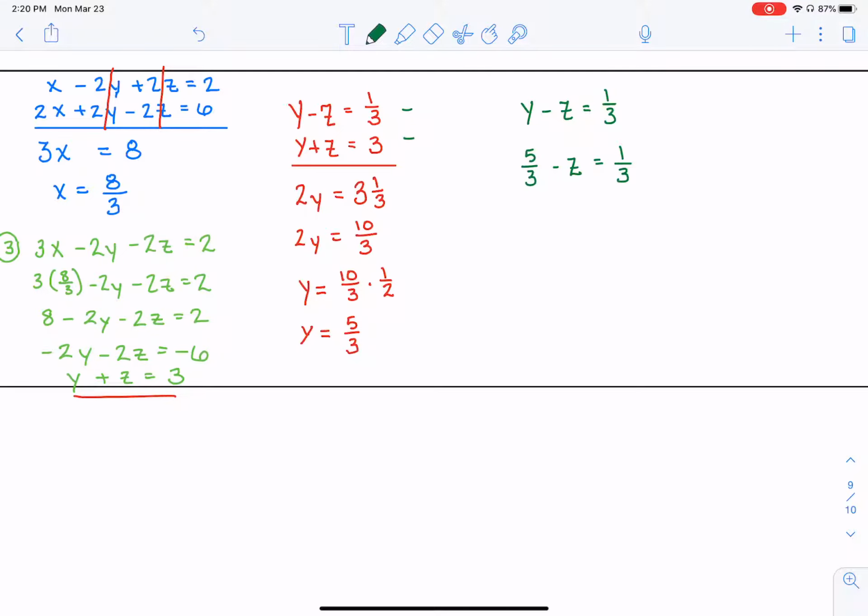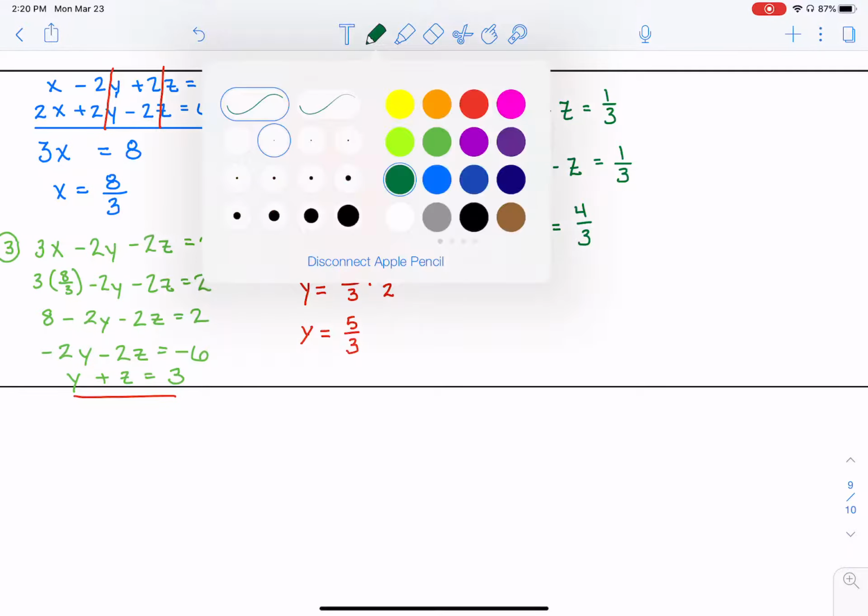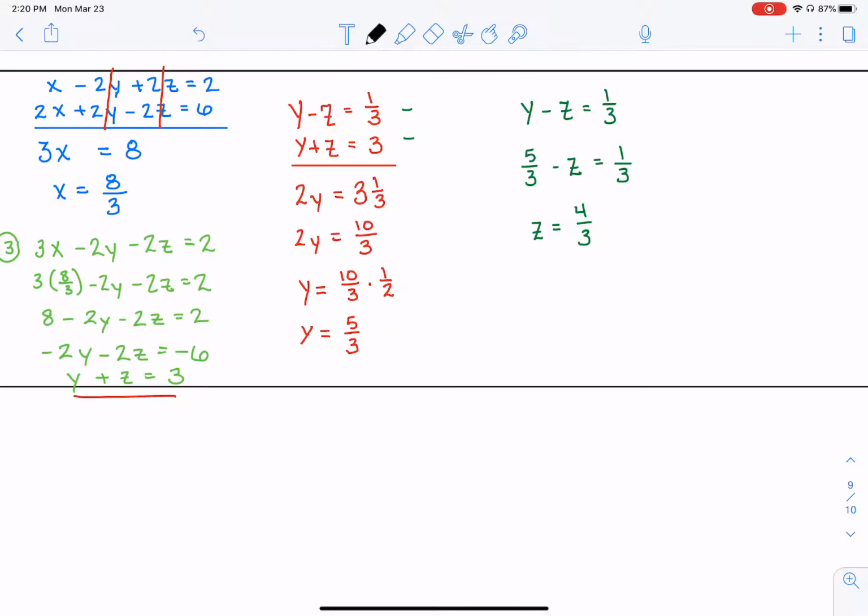You might be able to mental math that and say 5/3 minus what is 1/3. If not, you'll subtract the 5/3 over. Ultimately, you should get down to z is equal to 4/3. Okay, so now I have all three solutions and I'm going to write it in my ordered trio, my x value, my y value, and my z value as my final solution.